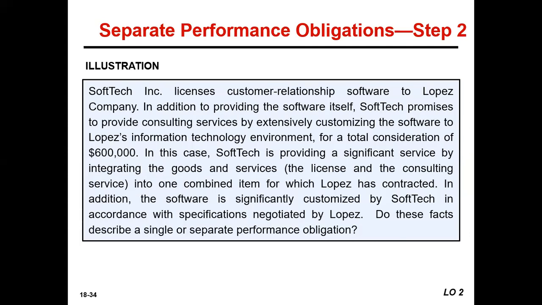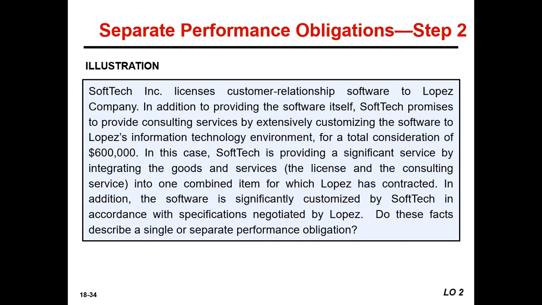Illustration again here. SoftTech licenses customer relationship software to Lopez Company. In addition to providing the software itself, SoftTech promises to provide consulting services by extensively customizing the software to Lopez's information technology environment for a total consideration of 600,000.